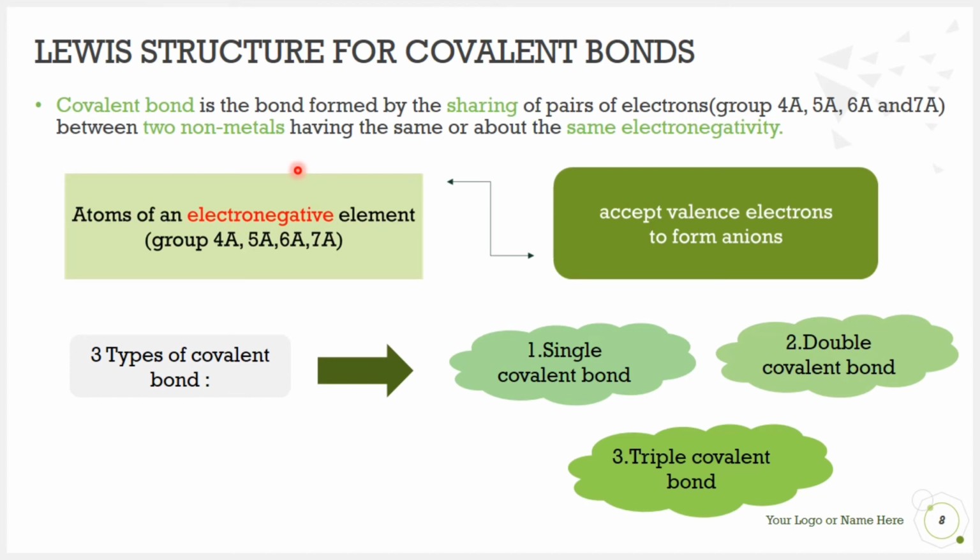Atoms of an electronegative element would like to accept valence electrons to form anions and become more stable.